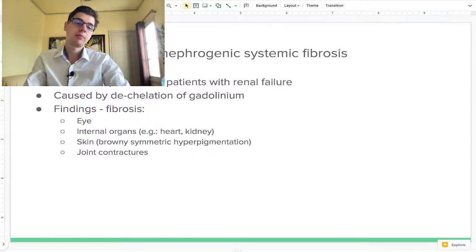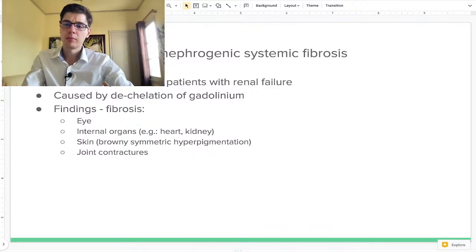Also, the newcomers, please let me know your name in the chat box so we can have a better discussion. Okay, so my screen is blocking some of the information.